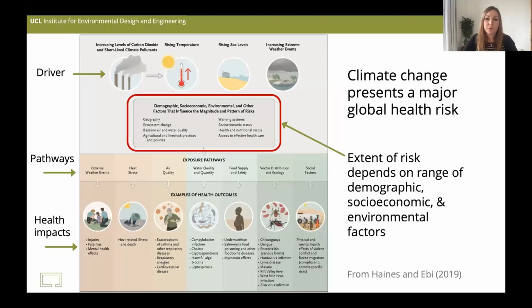But it's very important to realise that the extent of the risk and also the pattern of risk depends on a range of demographic, socioeconomic and environmental factors. So different climate change scenarios are likely to affect different populations very differently, and this is something that we need to take into account when we are looking at the impacts of climate change.